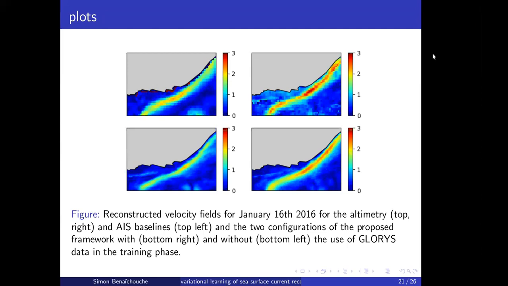We see that the current seems to be lower, and that may be explained by the fact that the GLORYS data have a lower distribution of current because they are assimilated using satellite altimetry. But we have to understand better.